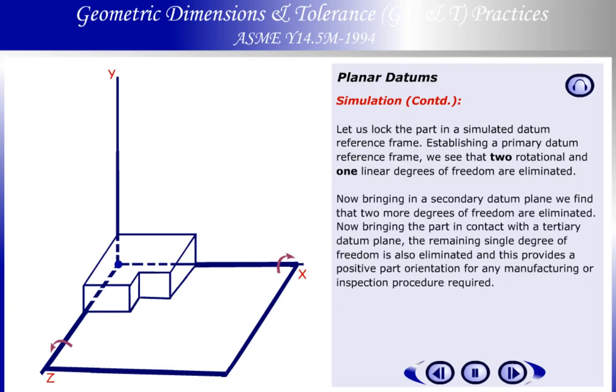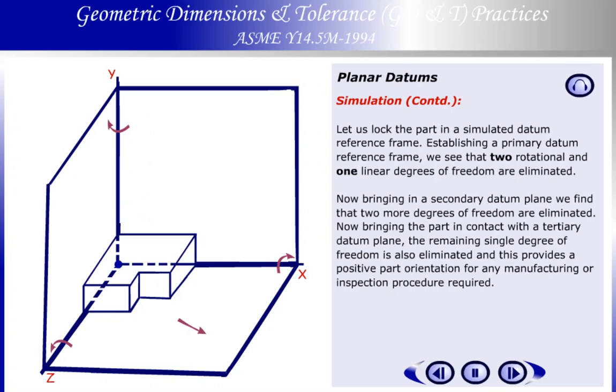Now, bringing in a secondary datum plane, we find that 2 more degrees of freedom are eliminated. Now, bringing the part in contact with a tertiary datum plane, the remaining single degree of freedom is also eliminated, and this provides a positive part orientation for any manufacturing or inspection procedure required.